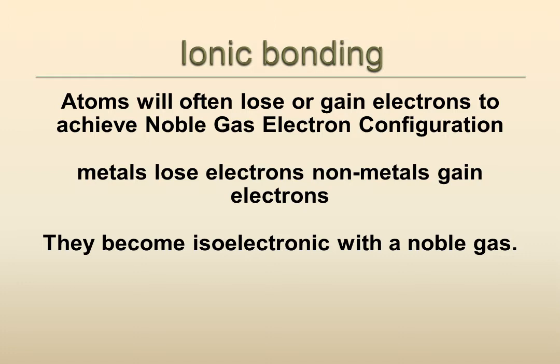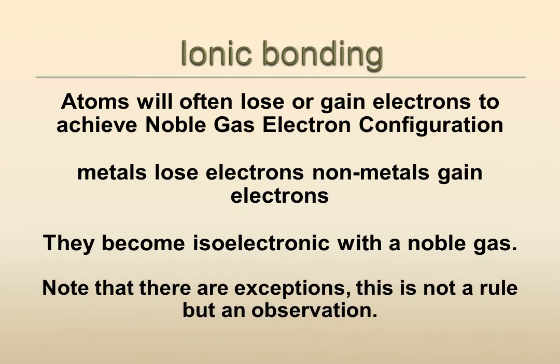Again, very simplistically, you will tend to find that the metals will tend to lose electrons to get to what we generally call noble gas electron configuration, or a full shell of electrons, and non-metals will tend to gain electrons again to get to noble gas electron configuration or full shells of electrons.